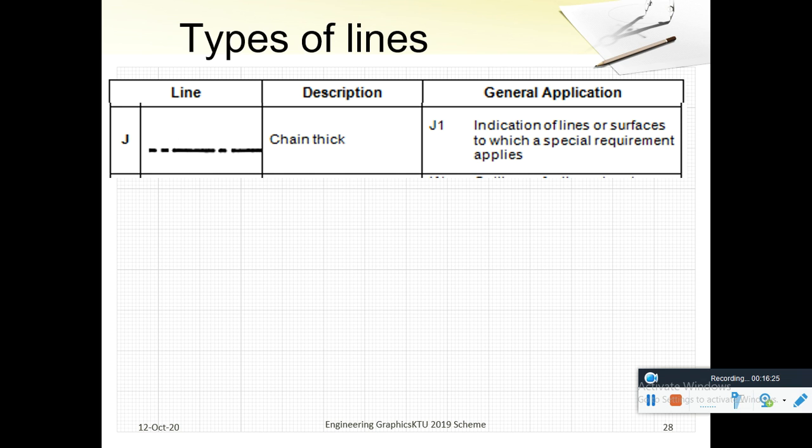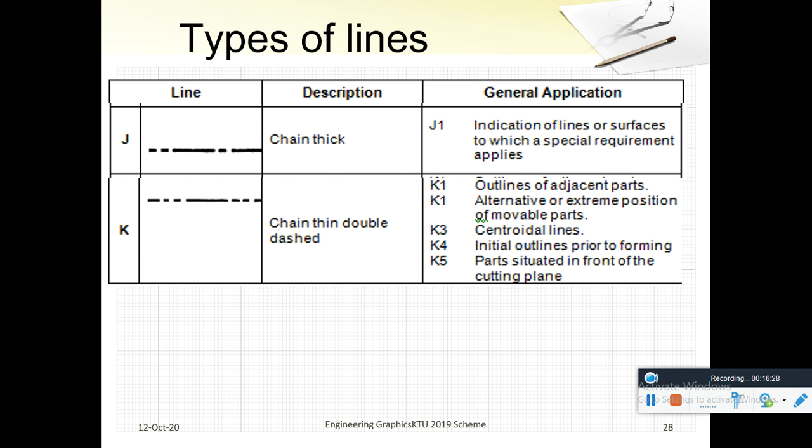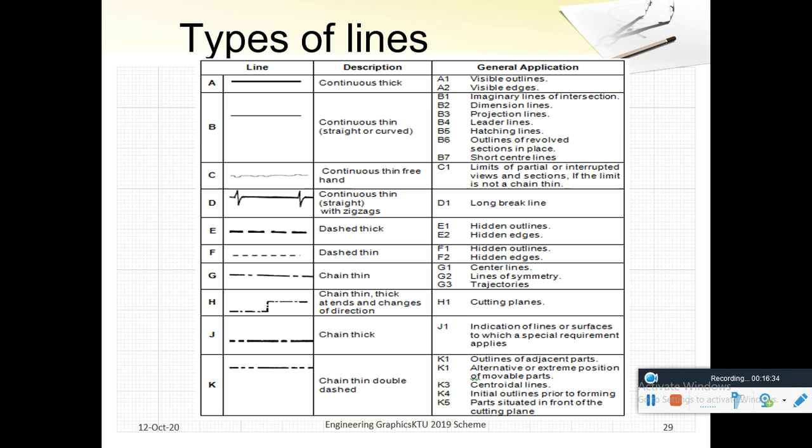Type J line, chain thick line. Chain thin double dash line for special purpose lines, outlines of adjacent parts, etc. So there is a table showing type A to K lines.